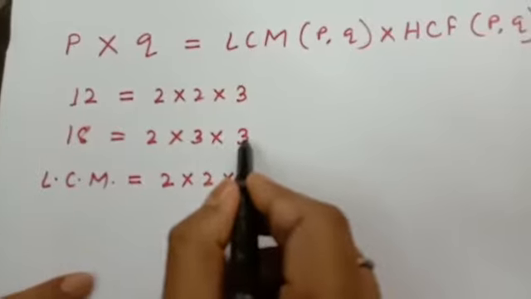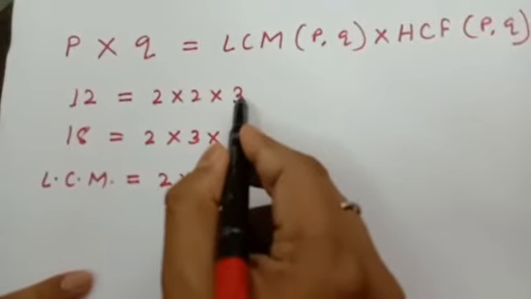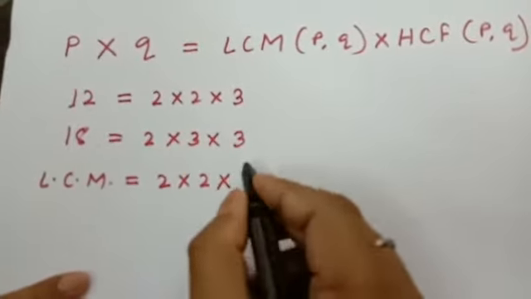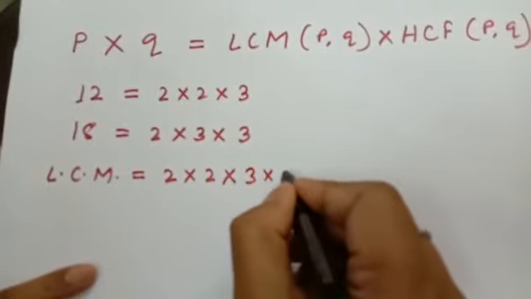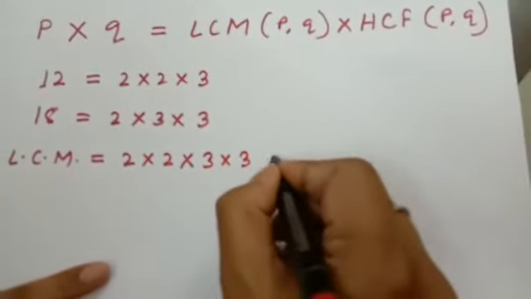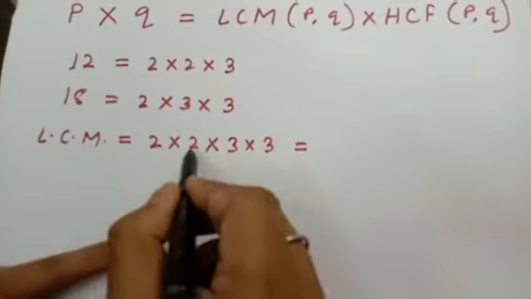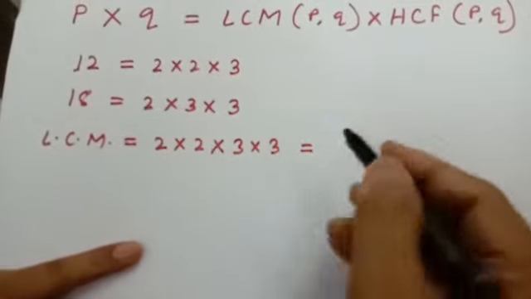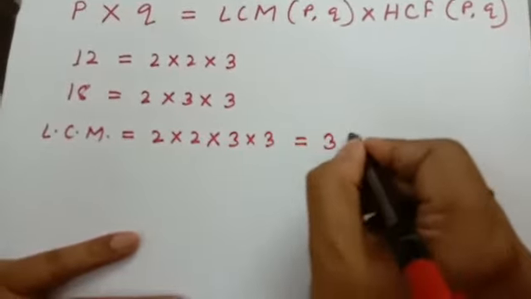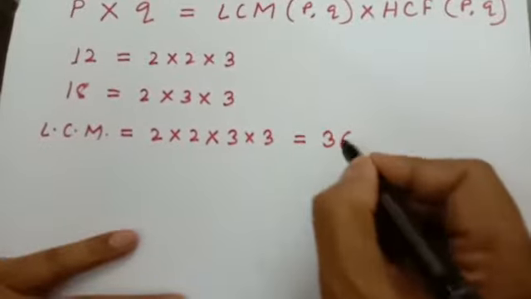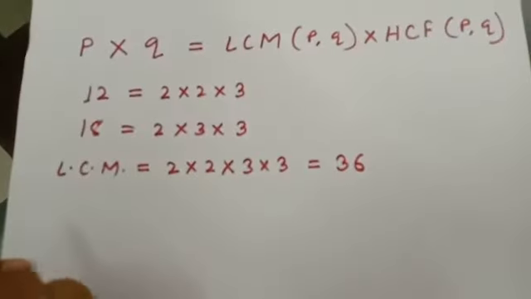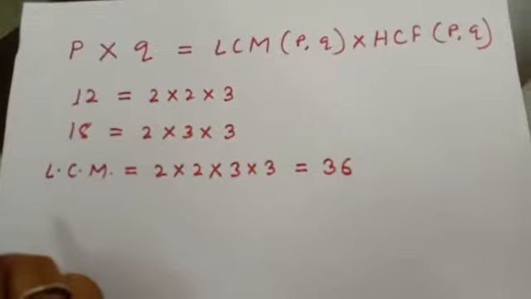So 3 into 3 is definitely the larger group. This is the smaller group and this is the larger group. So take the larger group of 3. Now multiply this. 2 2s are 4, 4 3s are 12 and 12 3s are 36. So 36 will be the LCM of 12 and 18.